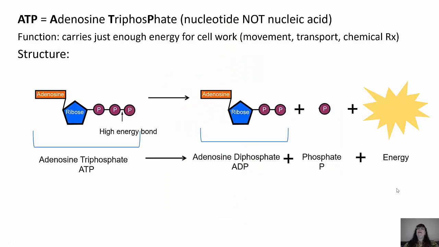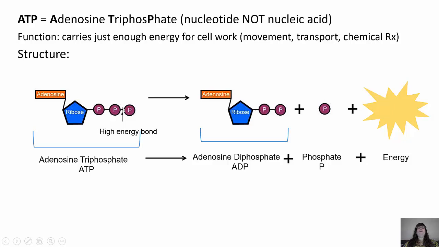ATP, adenosine triphosphate, is a nucleotide, not a nucleic acid, but its function is that it carries just enough energy for the cell to be able to do work. So all of the chemical reactions that happen in the cell, many of them require ATP or ATP is produced. So here we have adenosine triphosphate. It is adenosine, ribose, and 3 phosphate groups.